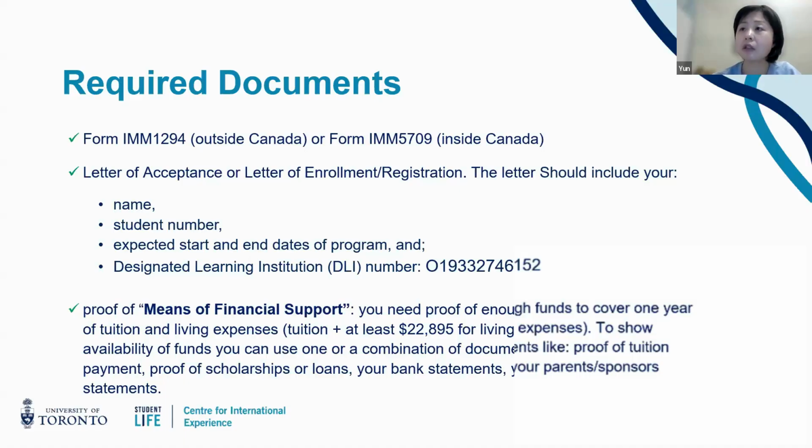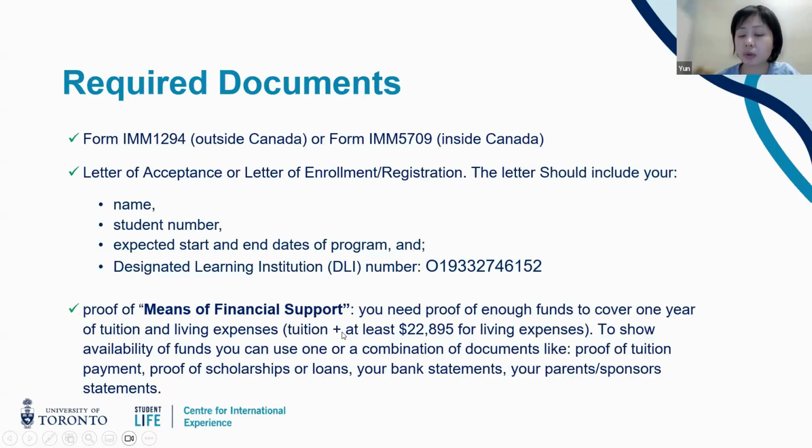If you haven't paid your tuition yet, you must show that you have money to cover the tuition and the living expenses. So that's how it goes with regard to the number for the funds.